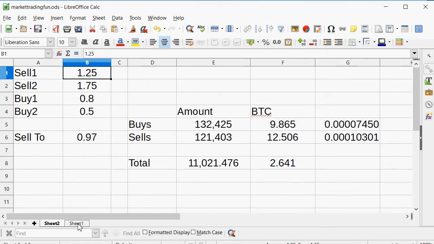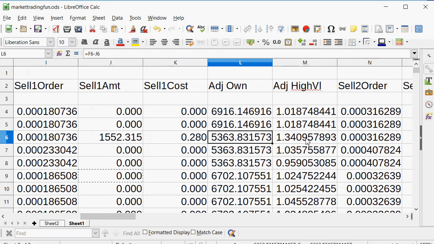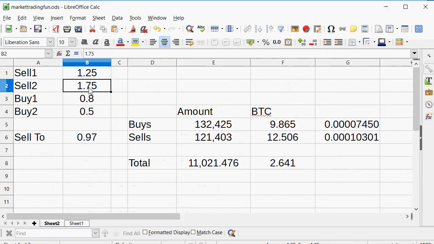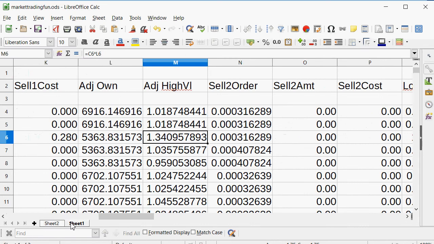Now, when I look at this here, we can see that the sell order never happened because for my second sell order, I need a 75% return, which didn't happen.